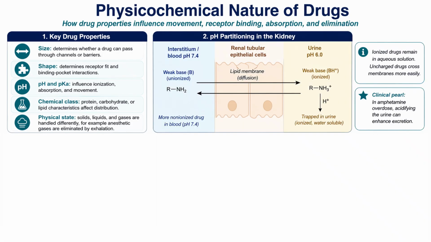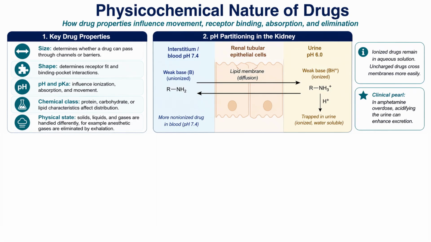Some of the other elements of real importance here are pH partitioning. I want to take just a moment to talk about how the environment around the drug matters. On the left of this panel, we have blood or interstitial fluid at about a pH of 7.4. On the right, we have urine, which may be more acidic.